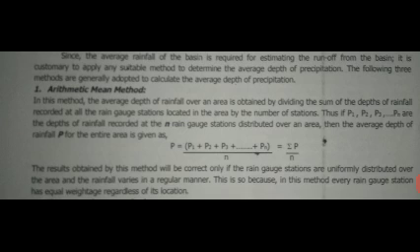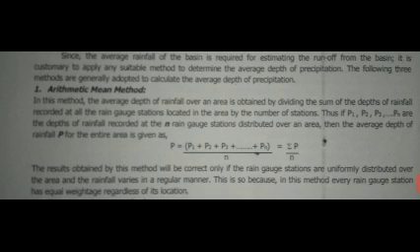Thus, if P1, P2, P3, up to Pn are the depths of rainfall recorded at the n rain gauge stations distributed over an area, then the average depth of rainfall P for the entire area is given as P equals P1 plus P2 plus P3 plus P4 and so on up to Pn, whole divided by n, which is equal to summation of P divided by n.